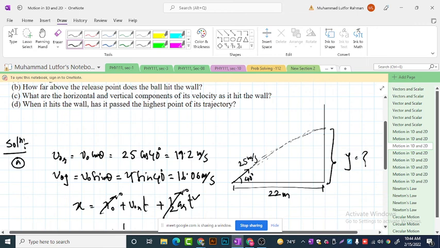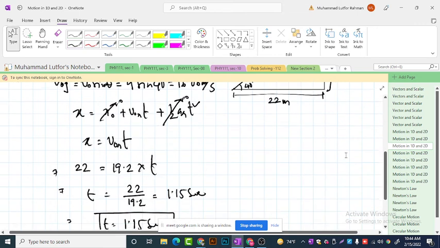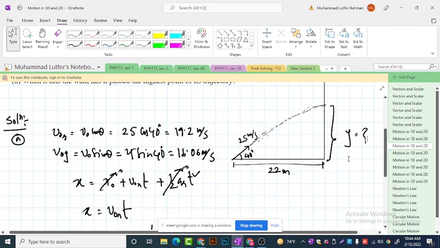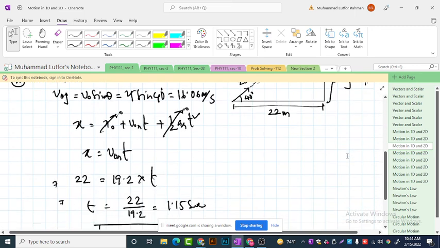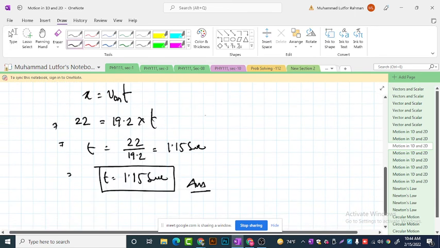Right now again I cannot use my maximum height formula because I am not sure. If you want, you can check what your t up would be. T up is v naught sin theta divided by g.